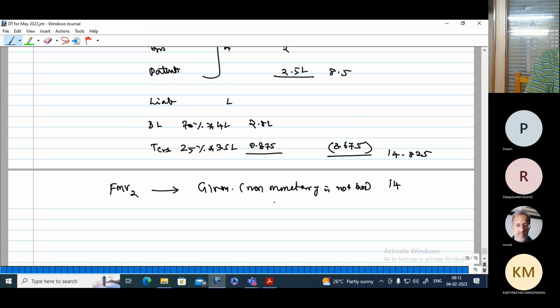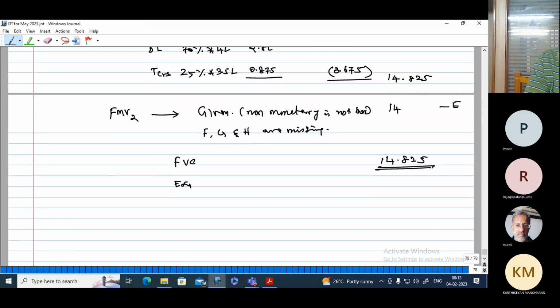So therefore it is E. Am I right? F, G and H are missing. Correct? Only E, whichever is higher. Full value of consideration is 14.825.